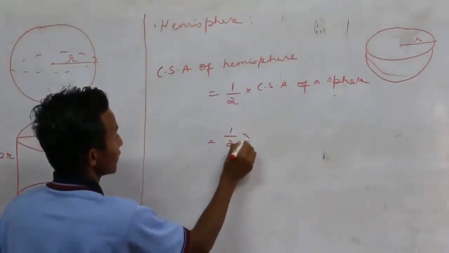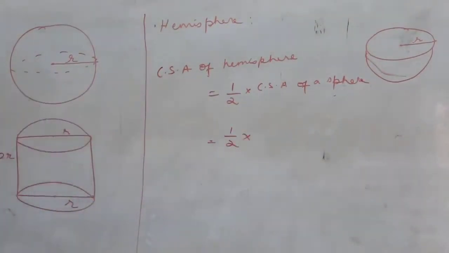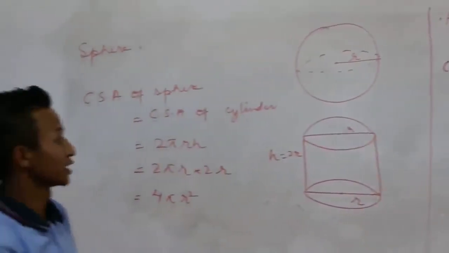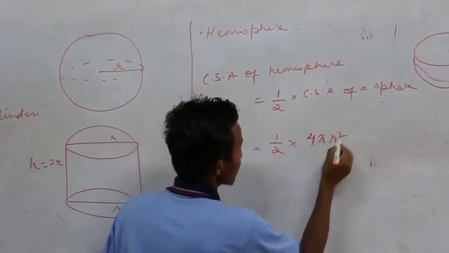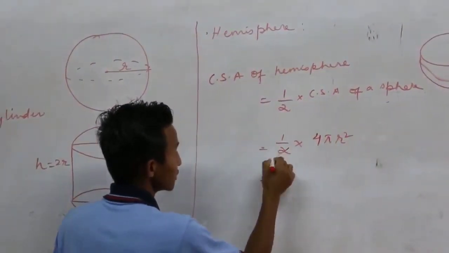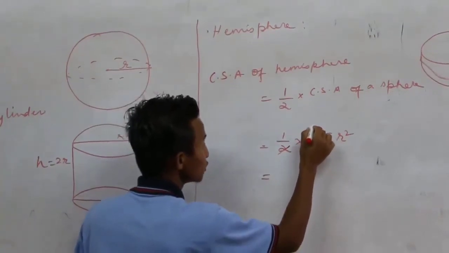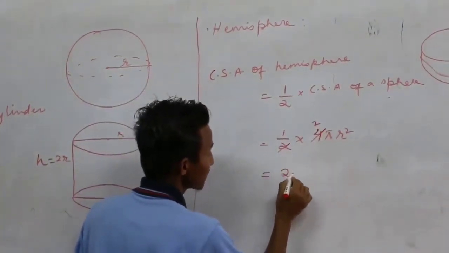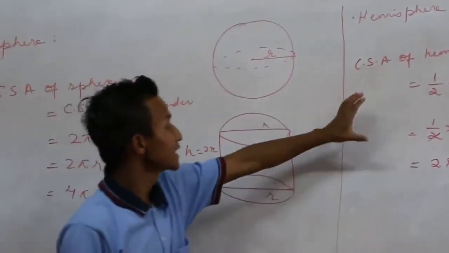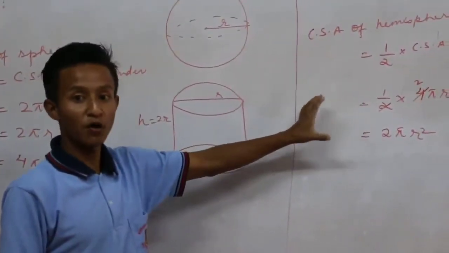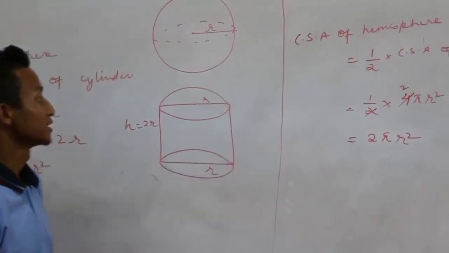As you can see from here, the curved surface area of a sphere is 4 pi r squared. So I will substitute 4 pi r squared, half of which gives 2 pi r squared. This is the curved surface area of a hemisphere.